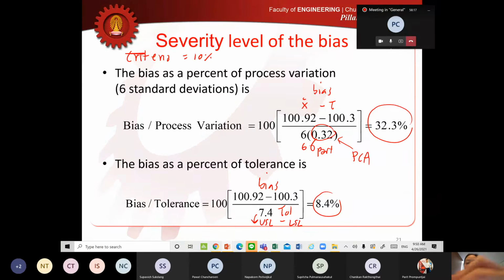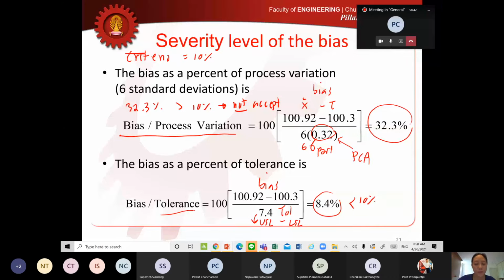that the first indicator, 32.3%, is greater than 10%, right? So you will not accept the accuracy of this measurement system. When you compare with the tolerance, it's less than 10%.